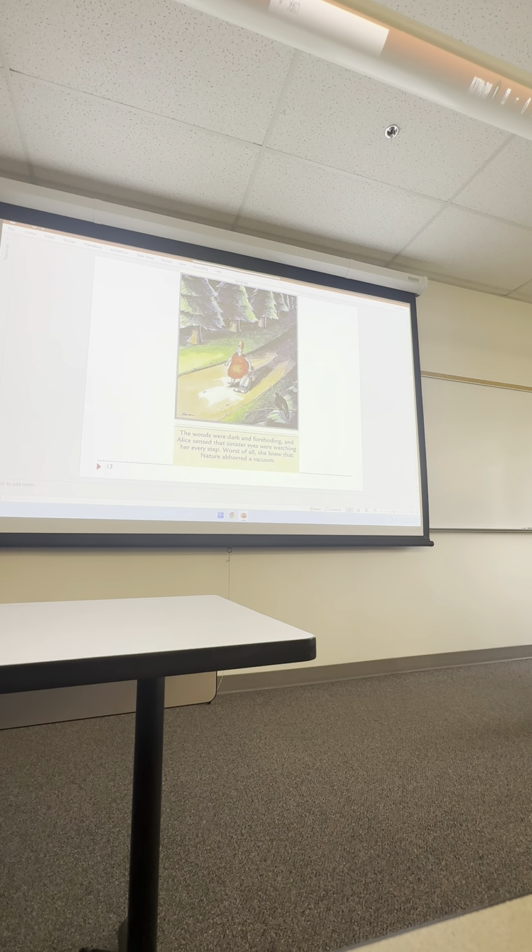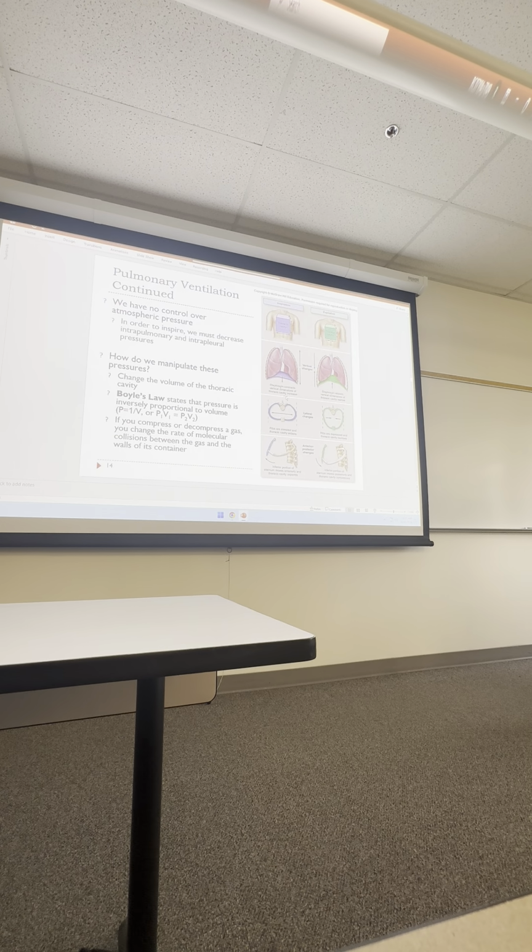And as I said earlier, poor Alice was trying to avoid being beat up by Mother Nature because Mother Nature abhors a vacuum. Okay, so what do we have over our control of atmospheric pressure? Well, we don't. We don't have any control over atmospheric pressure, but we do have some control over our lungs, thank goodness.